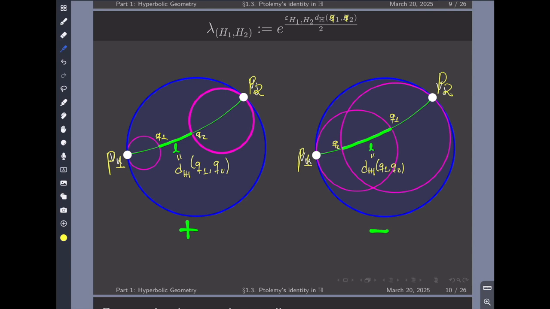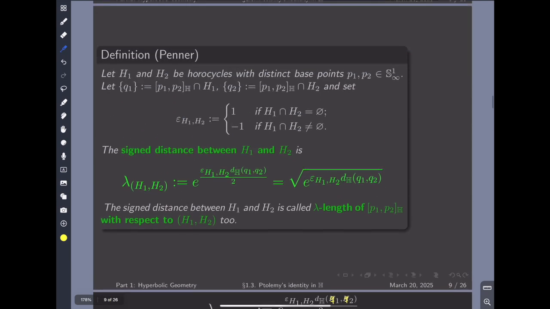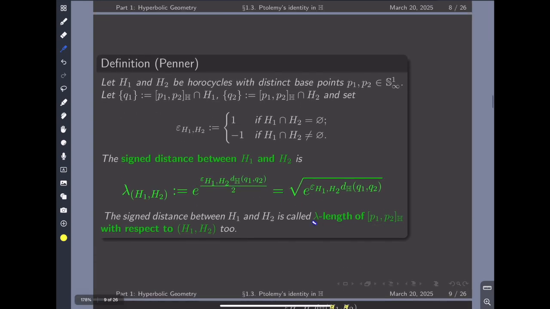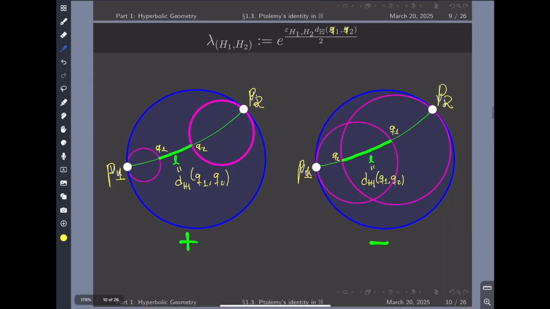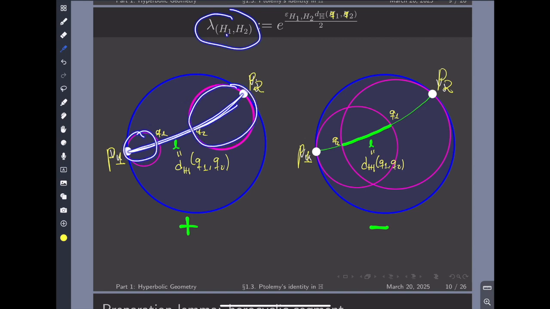Okay, that's usually, or more commonly, called the lambda length of the geodesic with respect to the two horocycles. So this lambda h1, h2 is the lambda length of this with respect to h1 and h2.